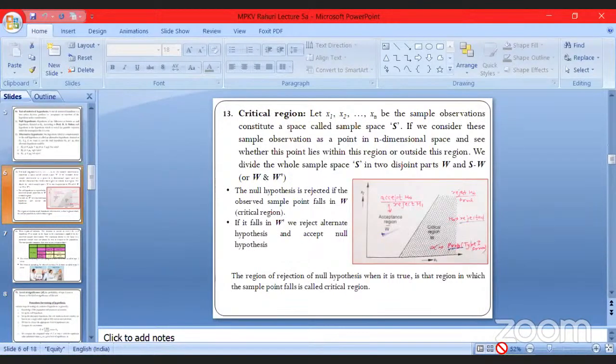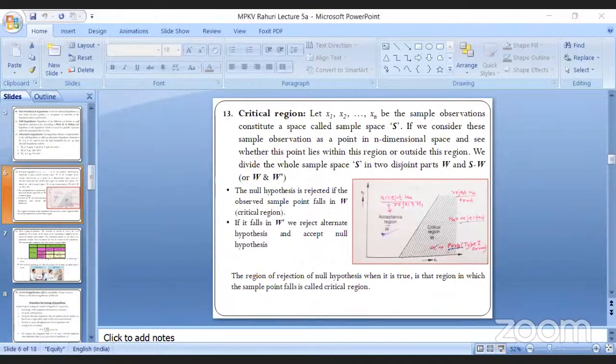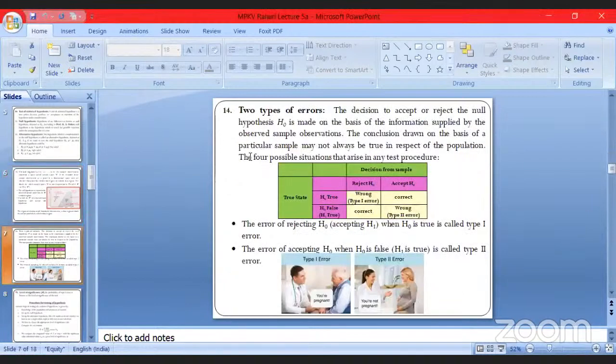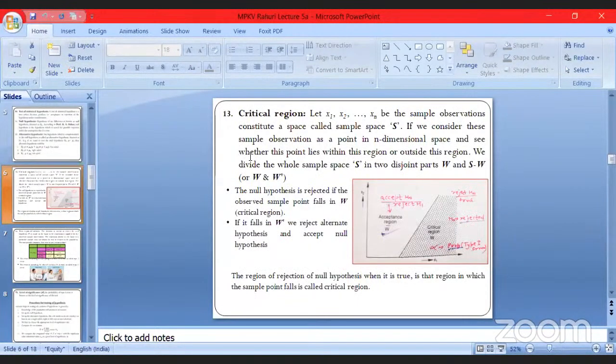Critical region? Yes, sir, it's visible now. In slideshow mode also it's visible, right? No, sir, it's not in slideshow mode. Now critical region is visible. Yes, sir. I think the PPT is angry with me.